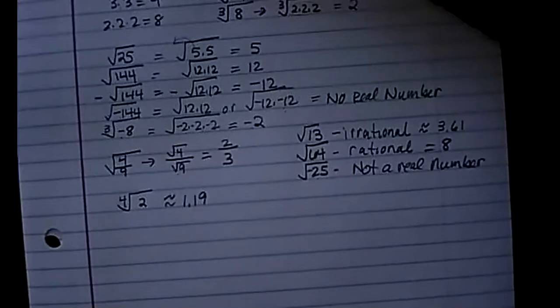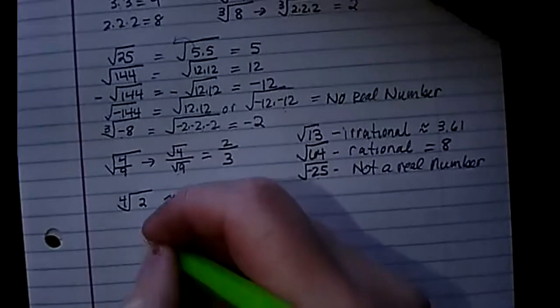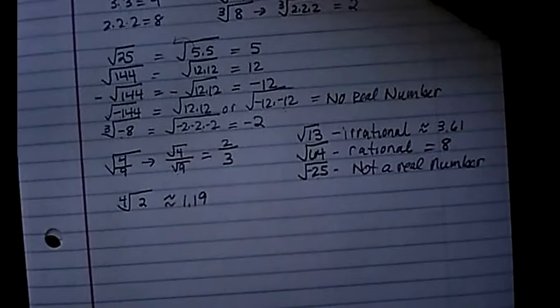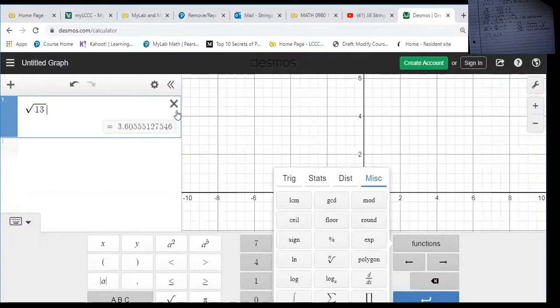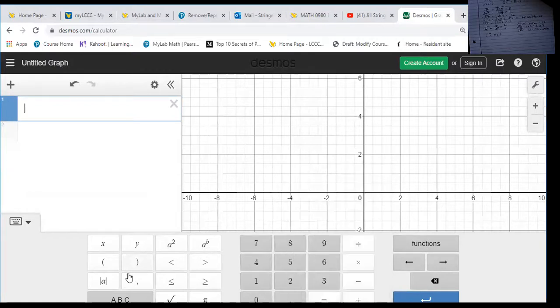All right, so just to show you what a graph, actually maybe I'll just show you that on Desmos. Let's take a look and just see what a graph looks like for a square root. We're not really going to get into that right now, but just so you recognize, let's say I just wanted to do this, square root.